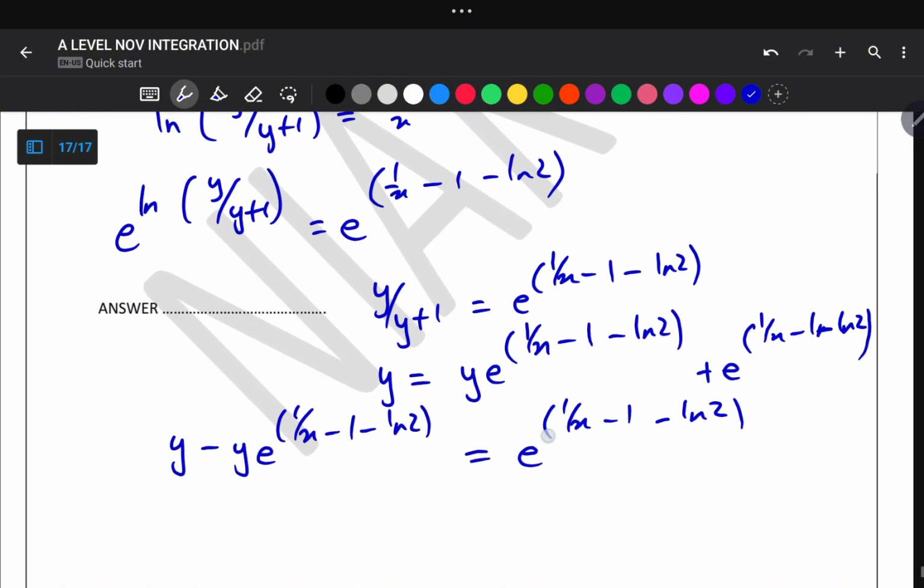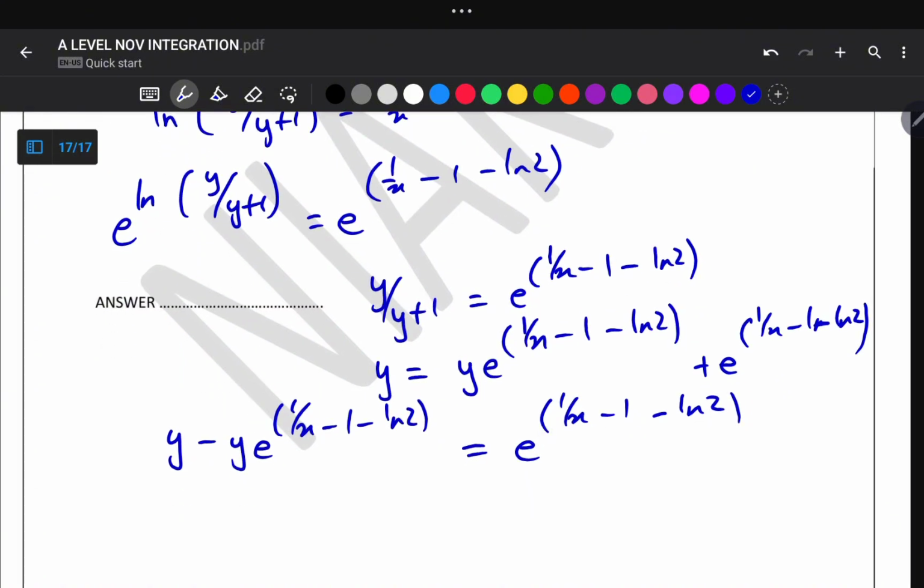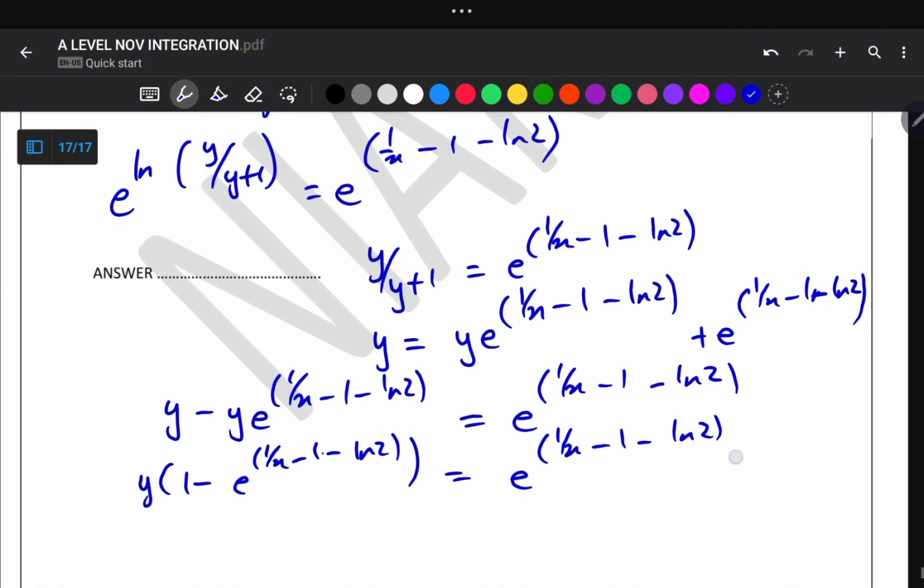So here we can factor out y. So it is now y times 1 minus e to the power 1 over x minus 1 minus ln 2 being equal to e raised to the power 1 over x minus 1 minus ln 2.